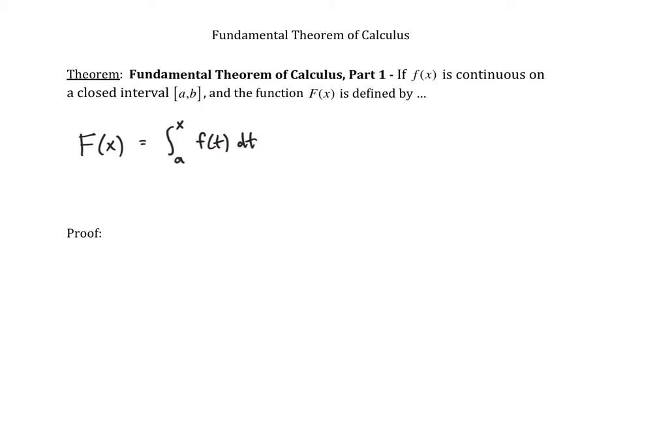What does this theorem tell us? Well, this is an if-then statement. If all of this stuff is true, then the following conclusion is true: F prime of x is equal to little f of x.